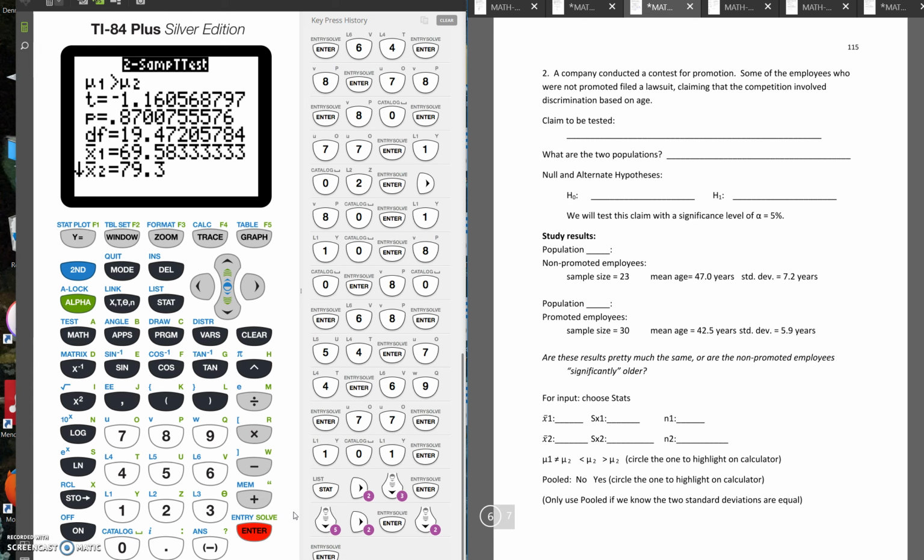The claim that we're going to test is that the non-promoted employees were significantly older than the promoted employees.